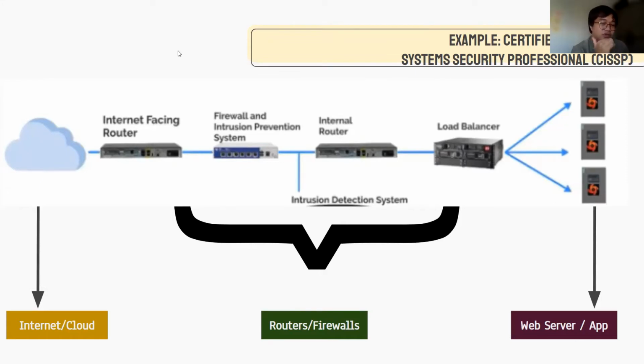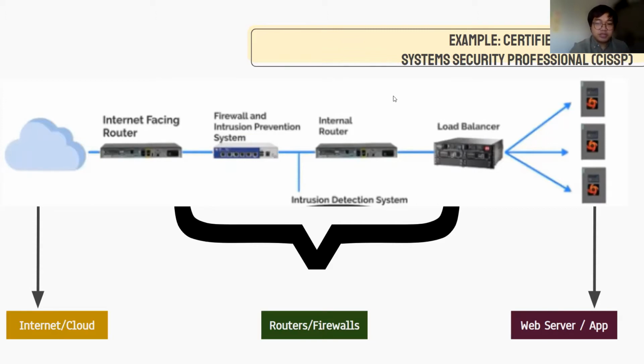So I would have to connect to the internet, of course, and then in order for me to conduct any transaction within that application, I would have to go through this unseen layer of protection provided by the organization that I'm trying to access. So the routers here, internal facing router, firewall with intrusion and detection system with another internal router, and load balancer are actually, in a sense, defense in depth. This is in a network perspective.